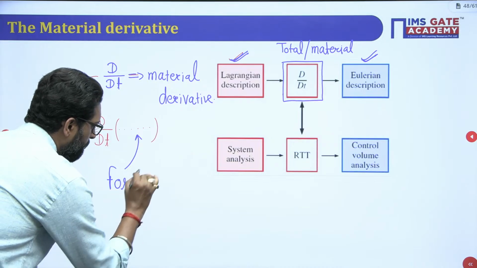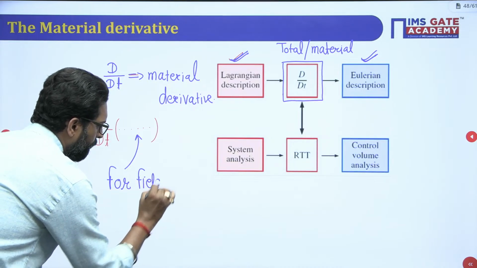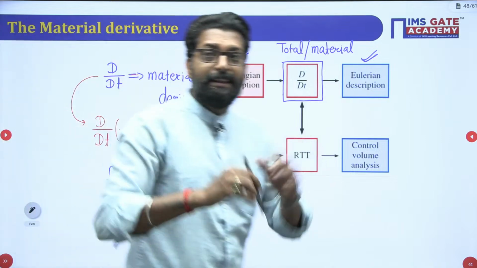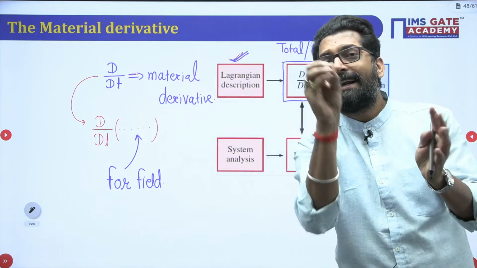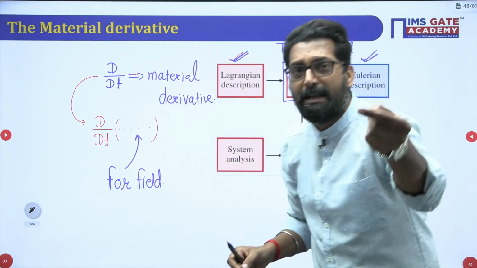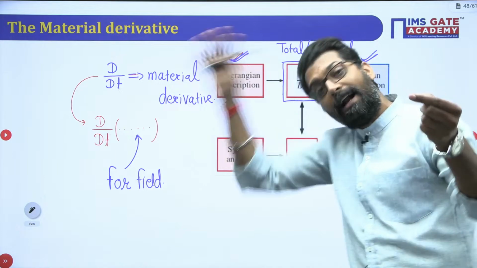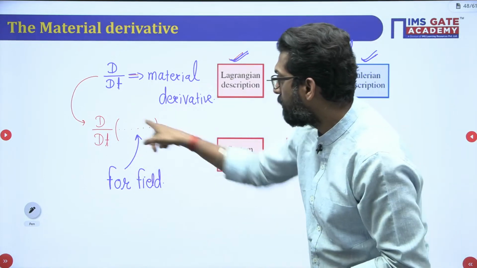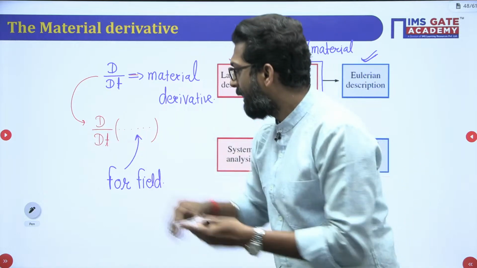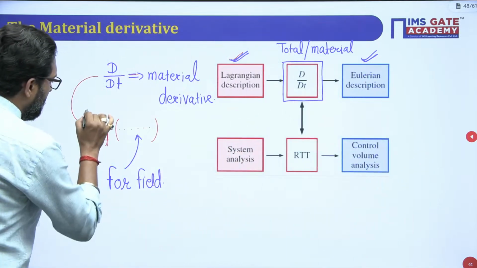Why? Because in the field there is a particle. Let's suppose the particle has a temperature T, and the field has the same temperature T. So T will be defined for the field here. So always you have to write the material derivative.